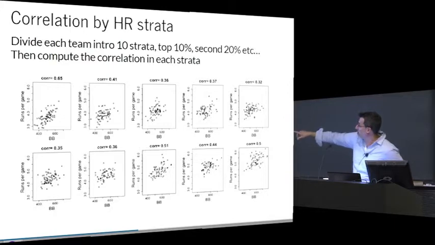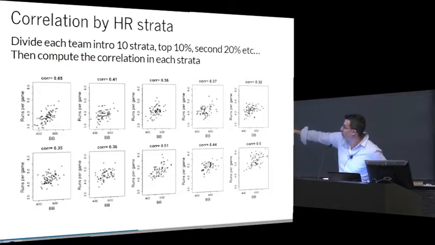But the other thing you see is that home runs is definitely correlated with runs. You see that? See how the cloud moves up every time? The cloud moves up because the more home runs, the more runs. And we've stratified to have the home run hitting teams up there and the non-home run hitting teams down there.